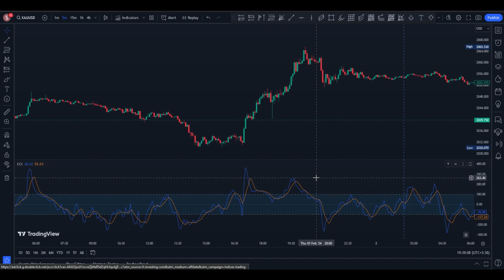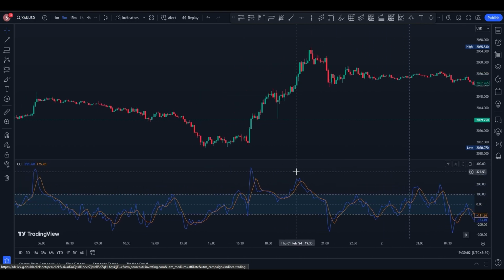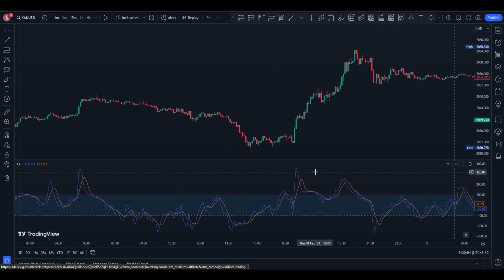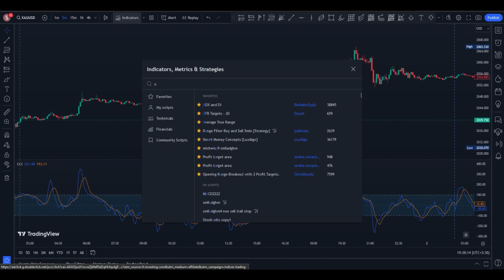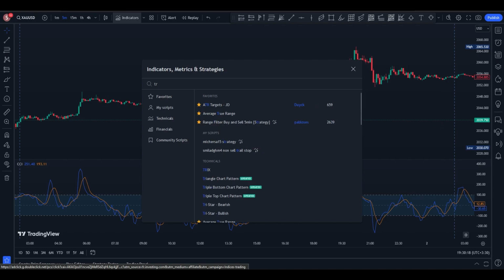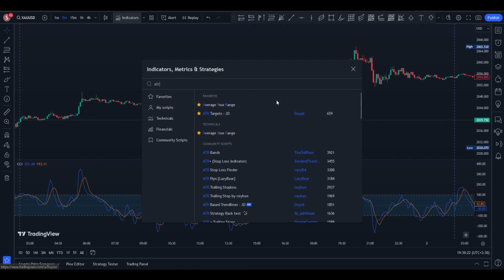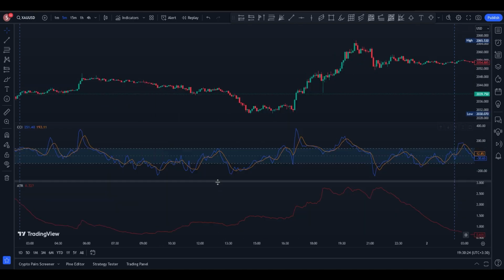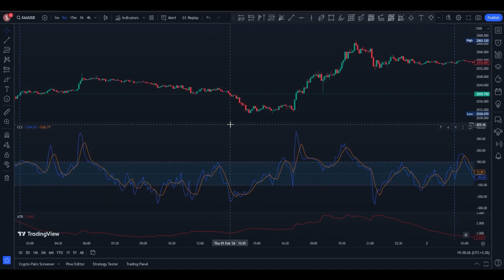So let's see if we have any successful trade here. Well, as you see, we can enter for a long trade here, and let me add ATR, I mean ATR, and lower it.